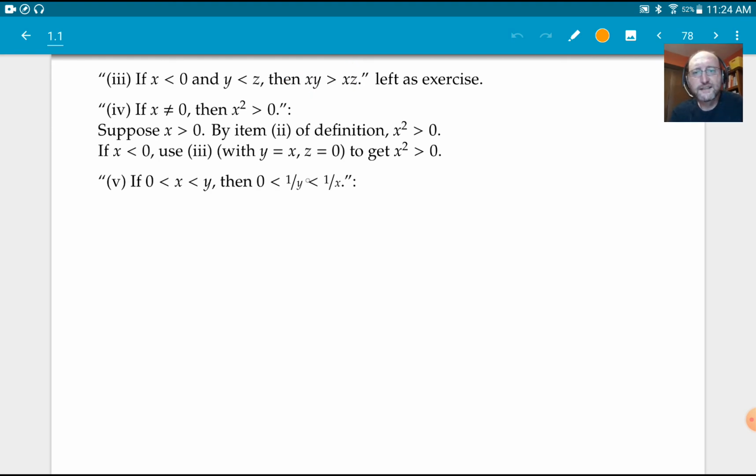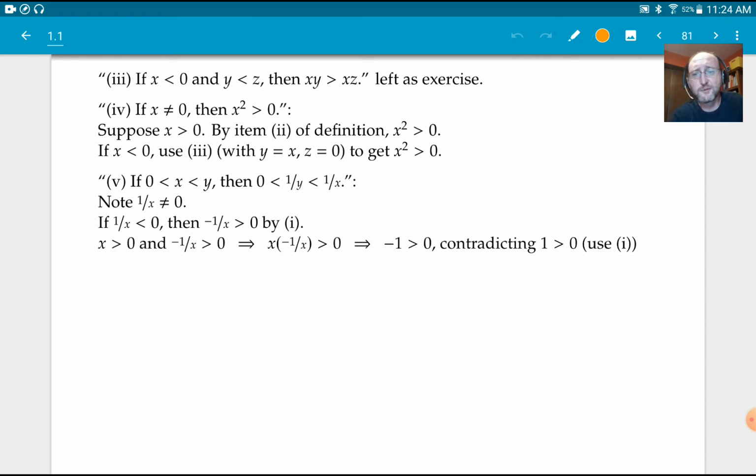Now let's look at the multiplicative inverses. So let's suppose that I have x is less than y. First, let's notice that 1 over x cannot be 0. I'll let you think about that. Now, if 1 over x is less than 0, then minus 1 over x would be bigger than 0. That's just by part 1, which we just proved a moment ago.